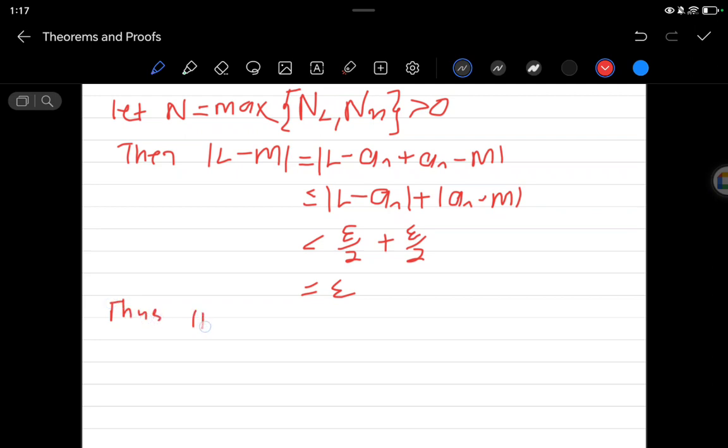Thus, the absolute value of L minus M is less than epsilon.